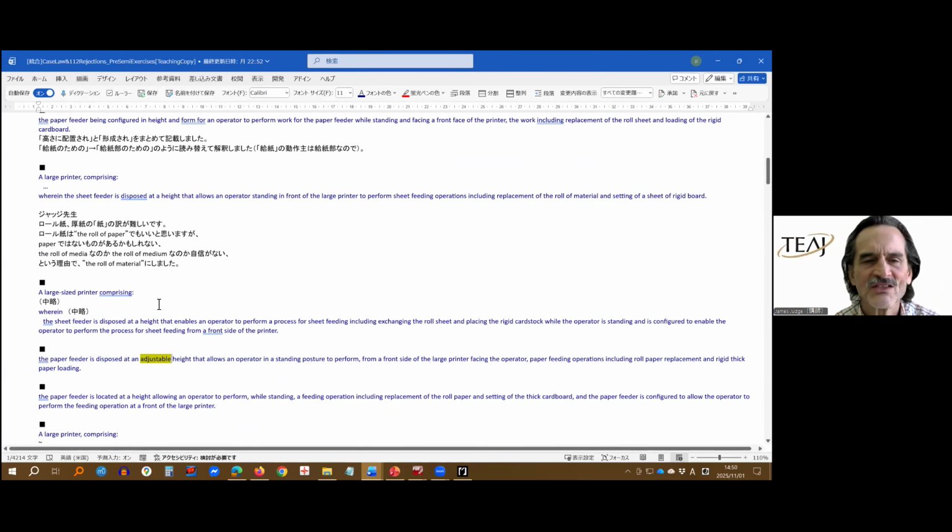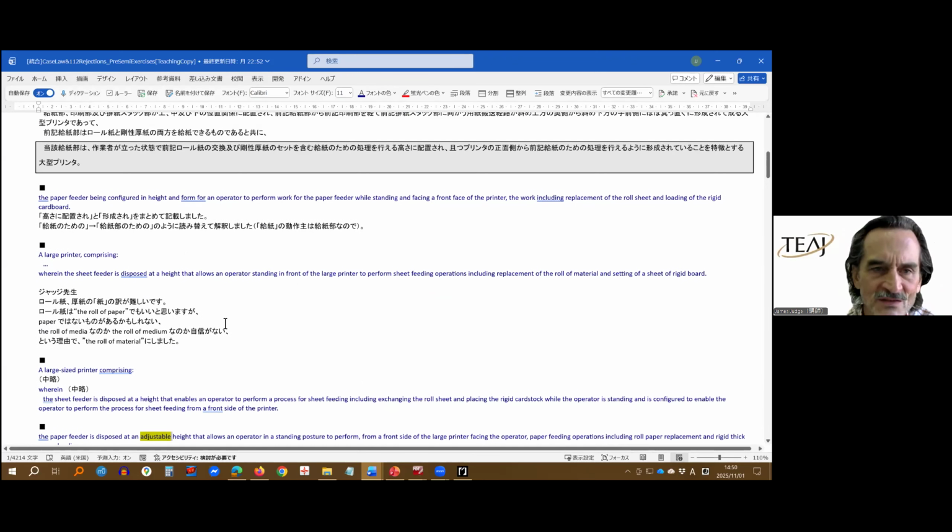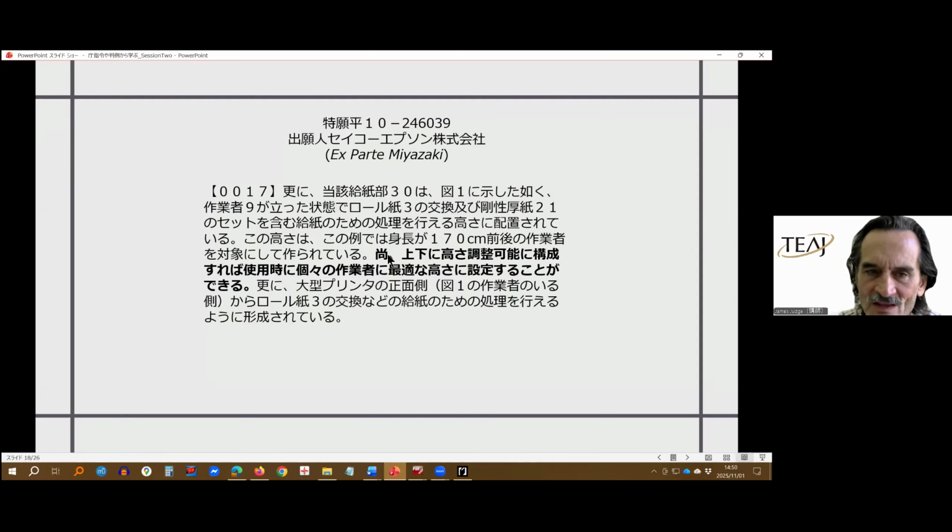However, there's no justification for adding the word adjustable just from this Japanese. However, in the specification itself, in paragraph 17, it says this: Nao, joge ni takasa chousei kano ni kousei sureba, shioji ni koko no 作業者に最適な高さに設定することができる.